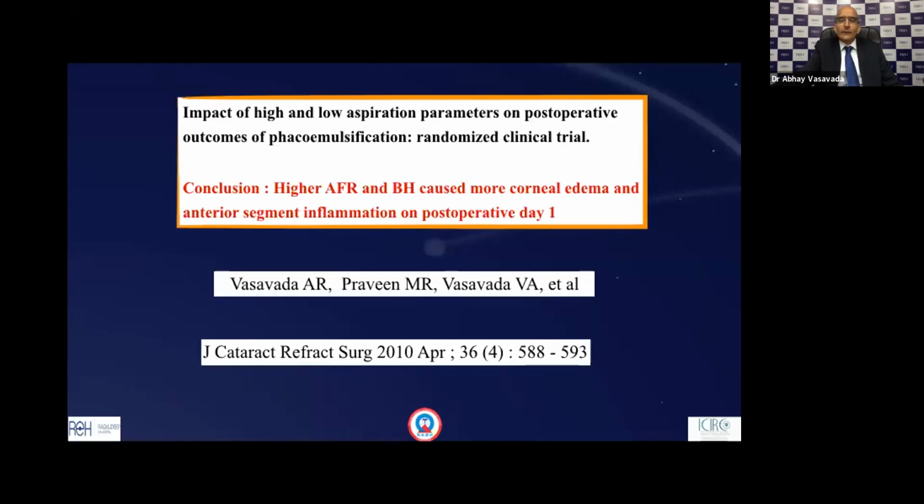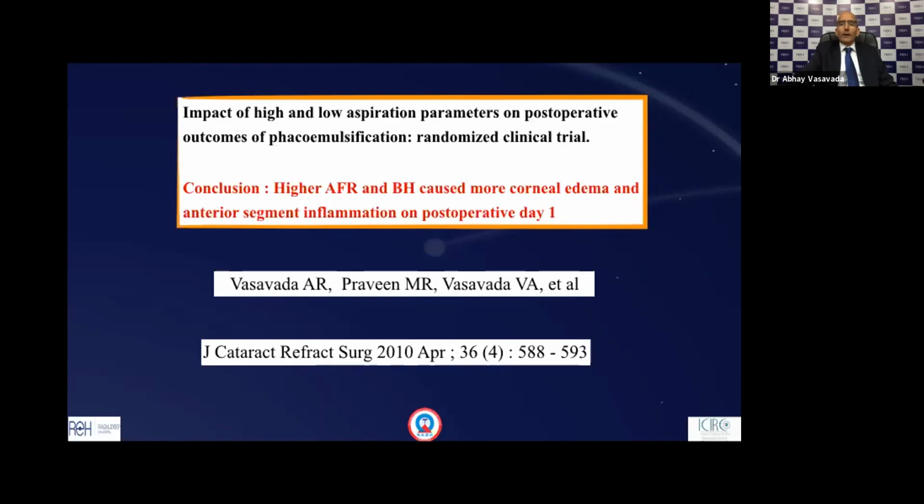And we found that the eye, which had a lower bottle height and low flow rate, used more fluid, did more clock time, and had to have more energy. But we could confine the lens removal process away from the cornea in that group. While in the higher flow rate of 40 cc group, we finished quicker, less fluid in and out, and less energy.